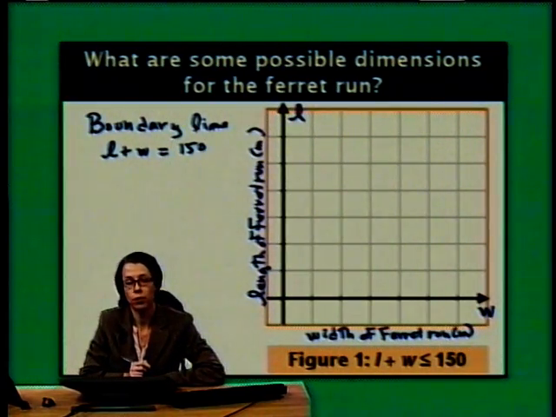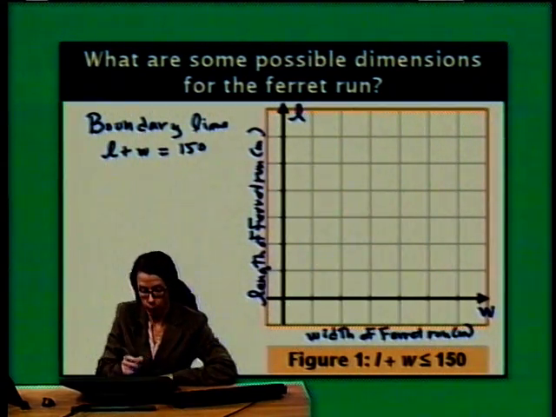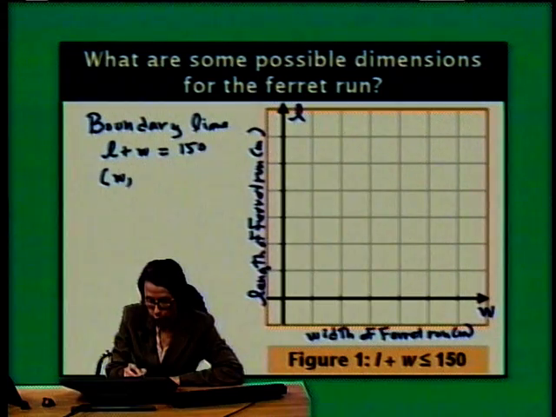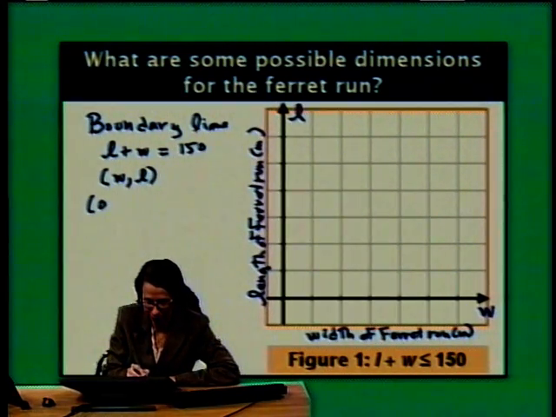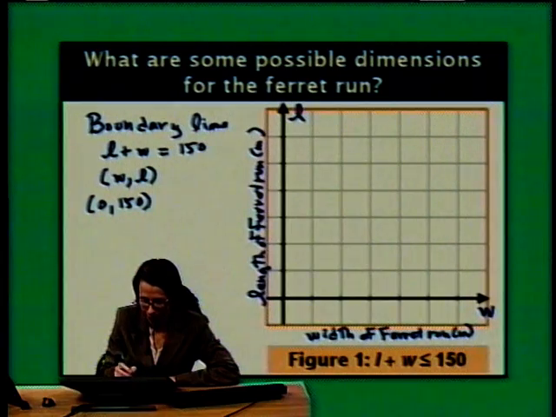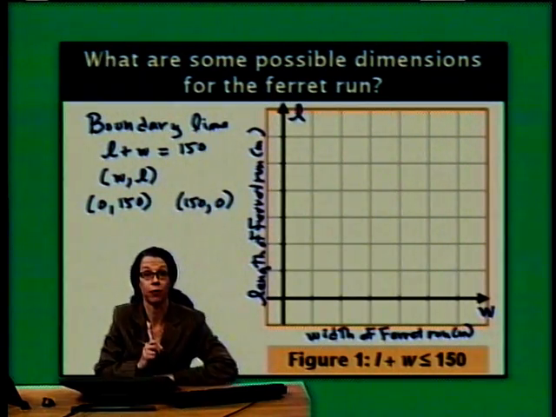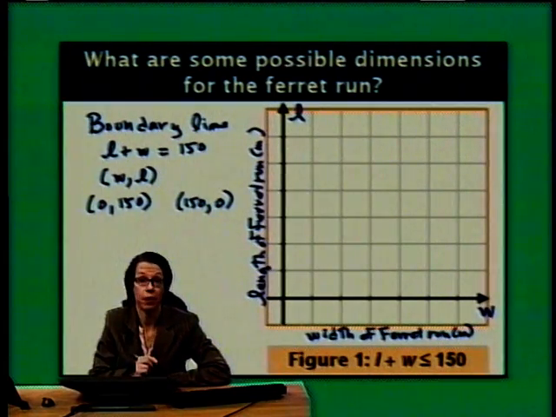And now let's work to find a couple of solutions that we can use to graph the boundary line. Well, the ordered pairs are going to be of the form (W, L). Let's find the intercepts because they're so easy. When W equals 0, L equals 150. And when the length is 0, W equals 150. So this allows me to think about a scale.